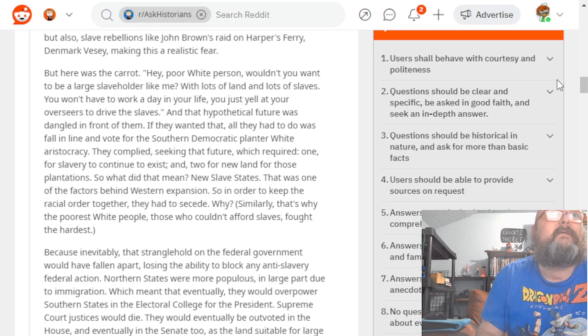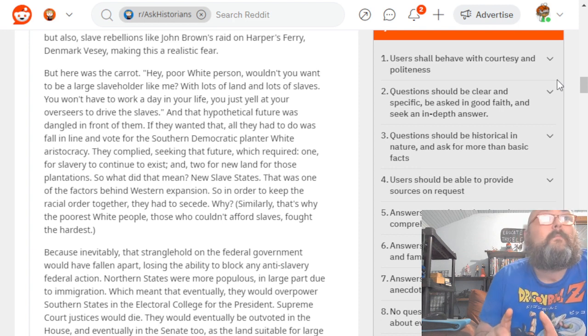New slave states. That was one of the factors behind Western expansion. So, in order to keep the racial order together, they had to secede. Similarly, that's why the poorest white people, those who couldn't afford slaves, fought the hardest.